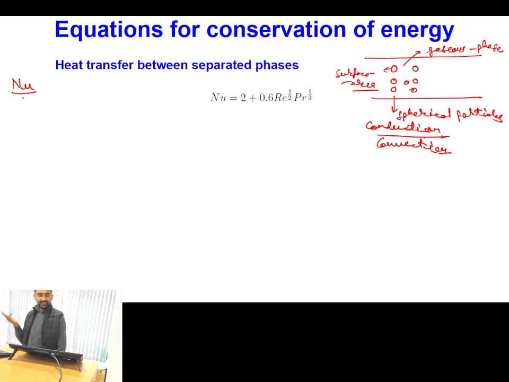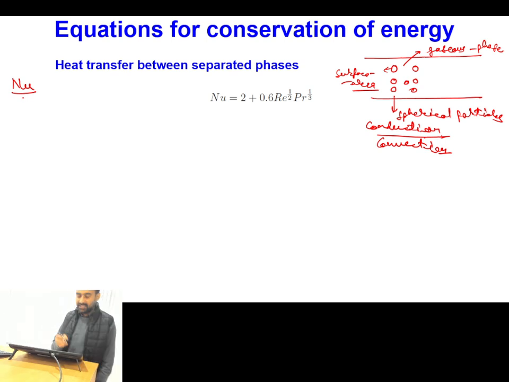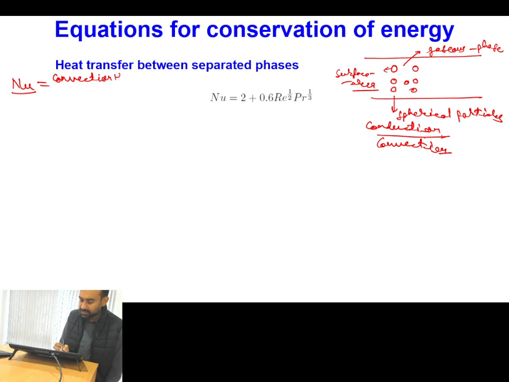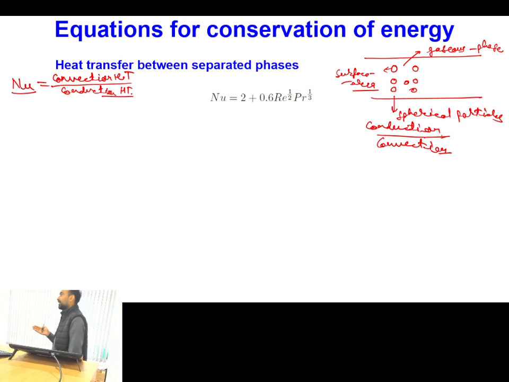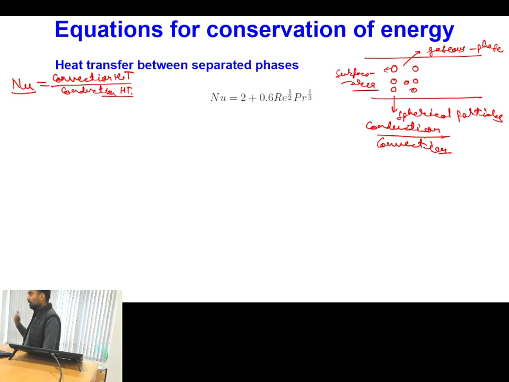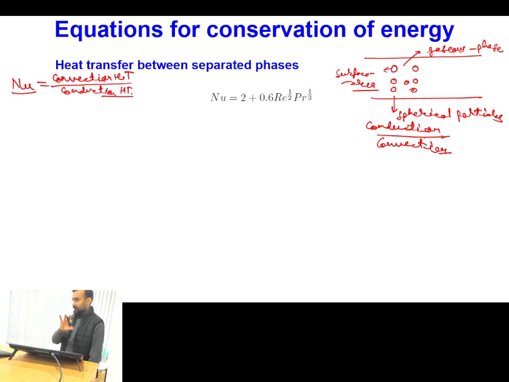So what does the Nusselt number represent? Fundamentally, the Nusselt number is nothing but the rate of convection heat transfer divided by conduction heat transfer. So it typically represents how much enhancement there is in heat transfer because of convection, with reference to the sole conduction effect.